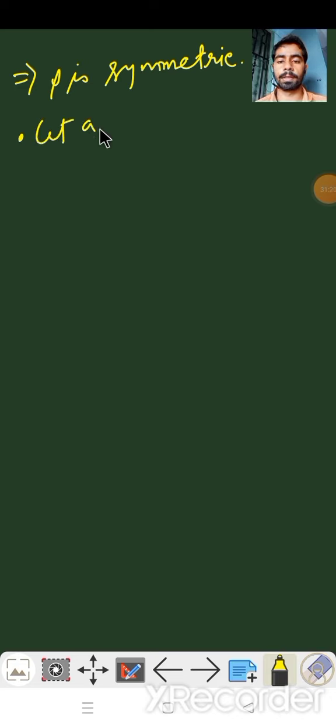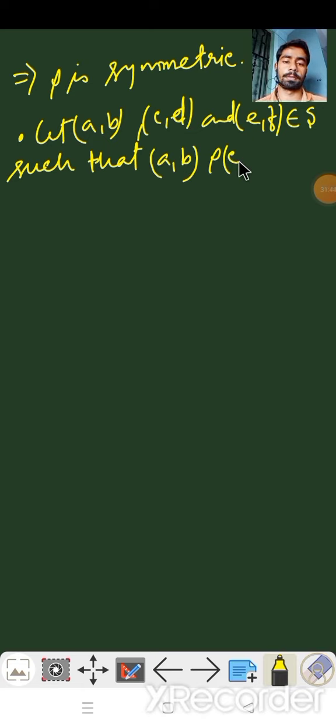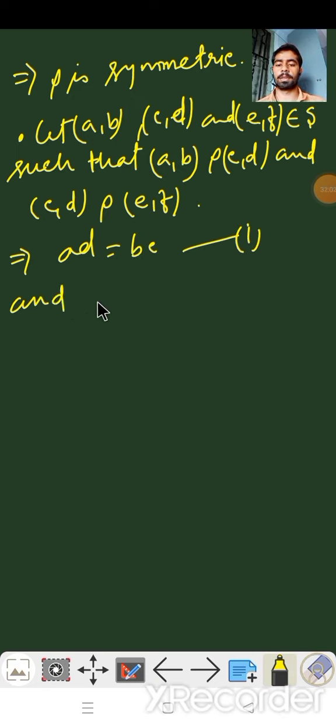Now we will check the transitivity. Let AB, CD and EF belong to S, such that the ordered pair AB is related to the ordered pair CD, and the ordered pair CD is related to the ordered pair EF, which implies that AD equals BC by the definition of the relation, call it 1, and CF equals DE, call it 2.